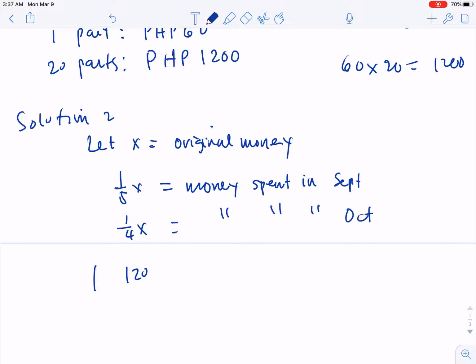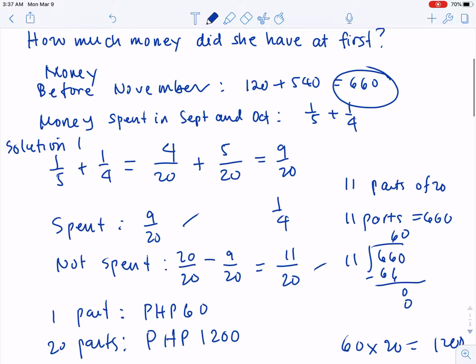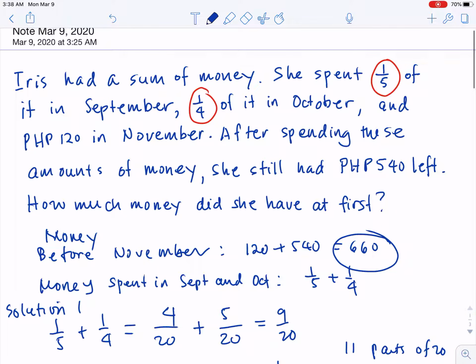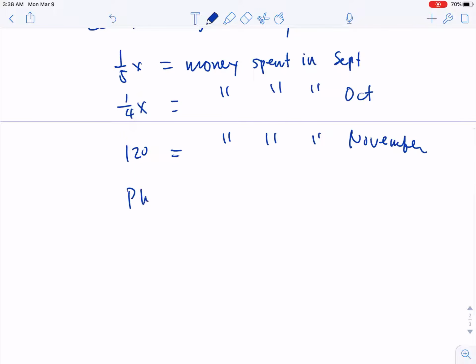Huwag natin lagyan ng PHP. Money spent in November. Okay? Tapos, anong natira? So, 540. Amount left.